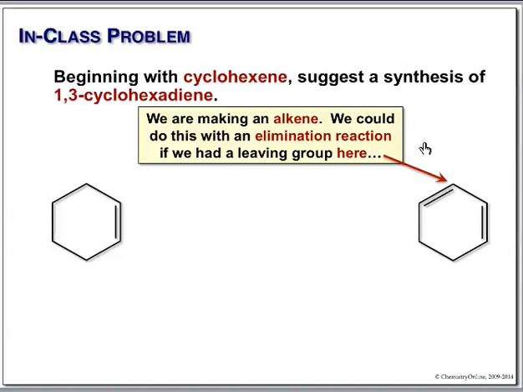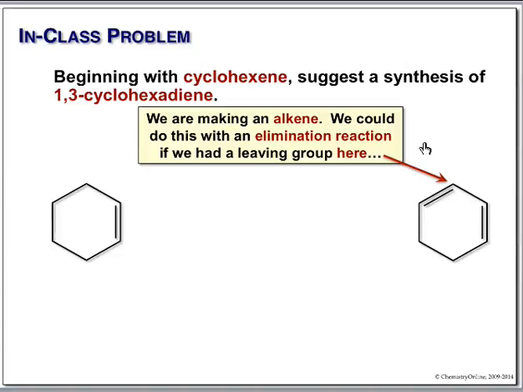All right, so if we had a leaving group here, we could do an elimination to give us our double bond. Does that make sense? All right, let's pick a leaving group. I'm going to pick bromine because it's a nice, happy, simple leaving group.